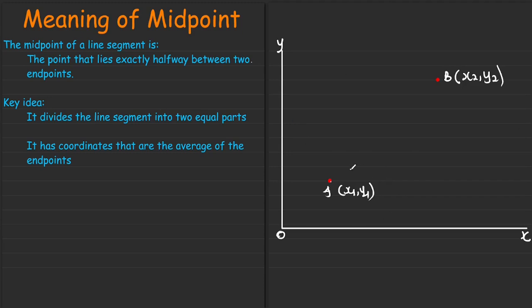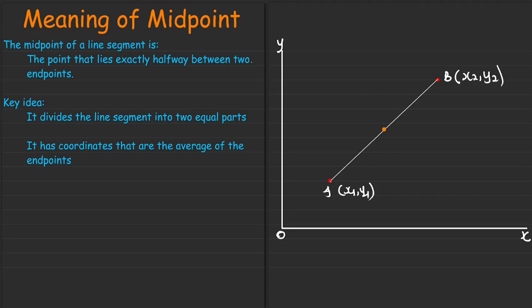So let's say A and B are 2 points on this Cartesian plane we have over here, and the line that joins these 2 points is as shown. Then if we are talking of the midpoint of A and B, it is going to be the point in the middle of this line segment, somewhere around here.